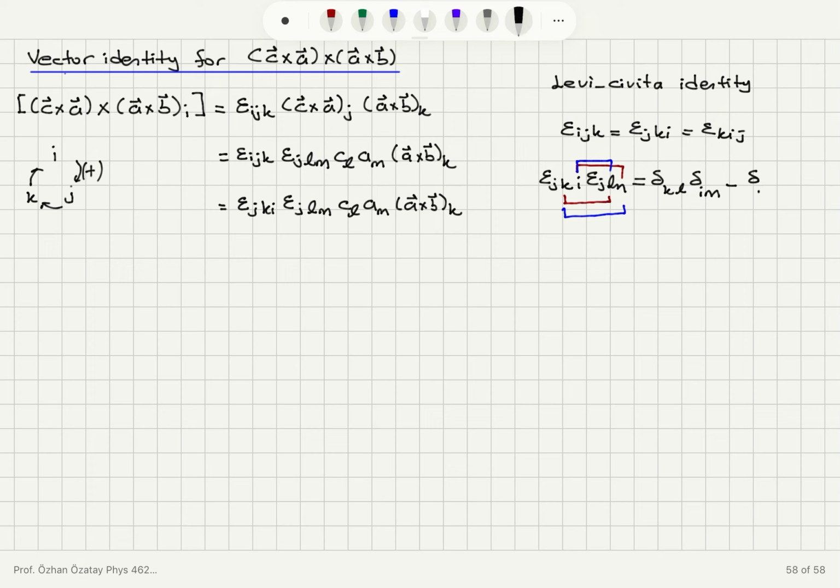Delta IL and delta KM. So this is our Levi-Civita identity that we're going to use.